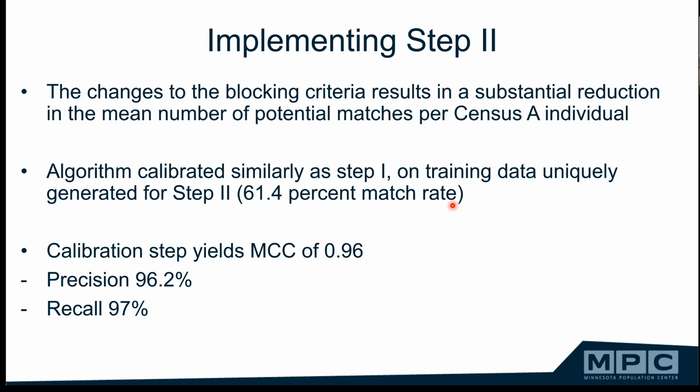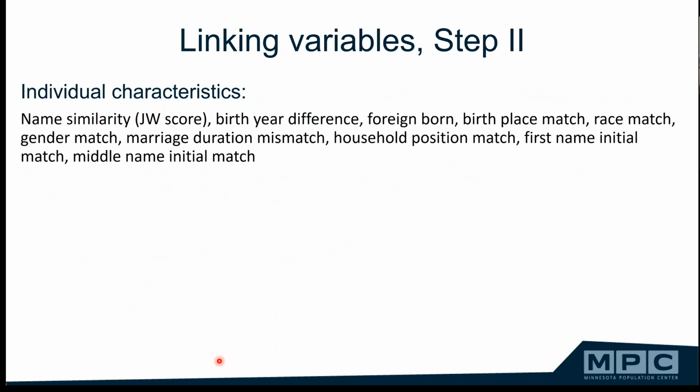We created training data separately for a training data set that originated from step 1. And as you can see, we obtain a considerably higher matching rate, 61.4%. In this case, we obtain an even higher MCC, 0.96, and we obtain very, very high precision and recall. And in this case, we rely on only individual characteristics and a much less extensive set of characteristics.